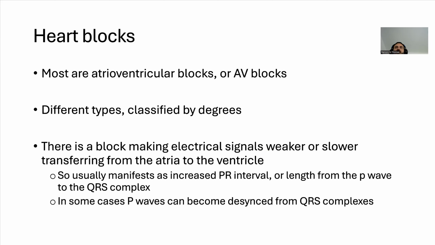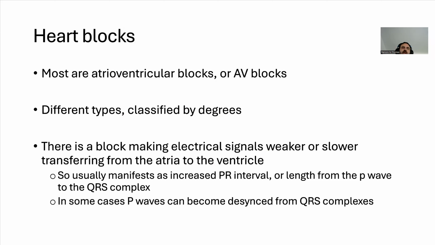So the electrical signal, as it's coming in, is weaker, or slowed down from the atria to the ventricle. Usually this means the PR interval, so the distance between the end of the P wave and the beginning of the QRS complex is elongated. It's too long. In some cases, the P waves can actually become desynced from the QRS complexes.